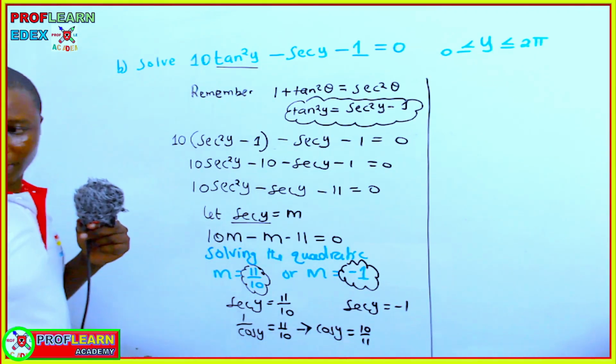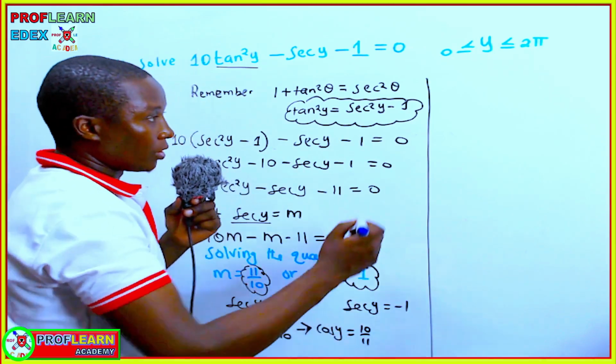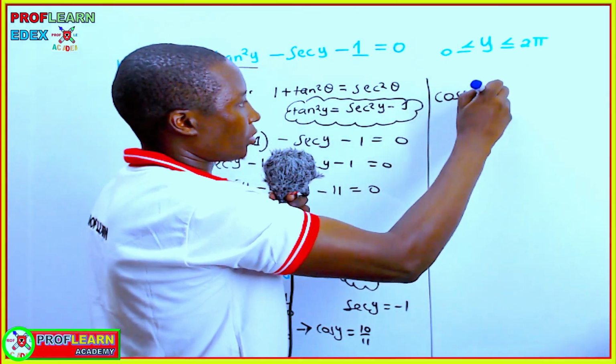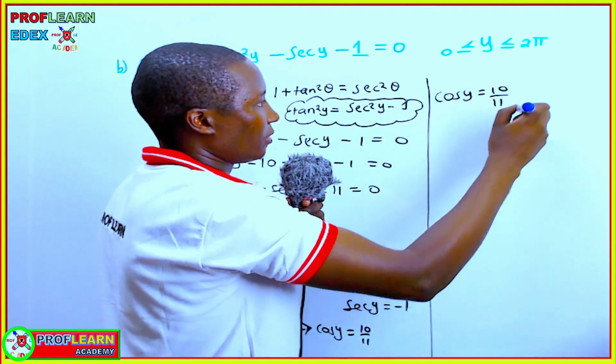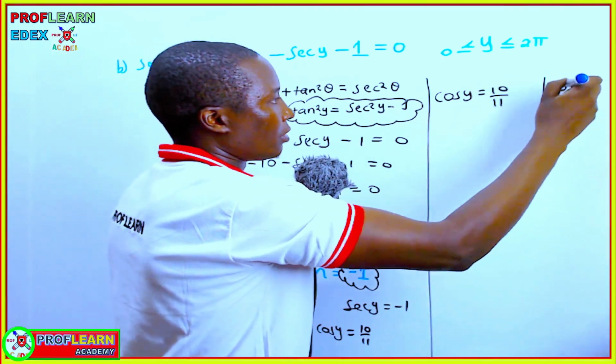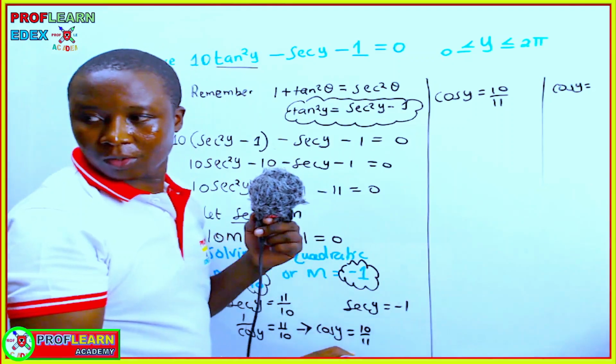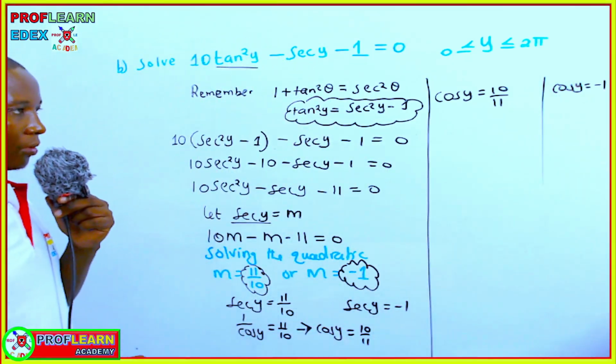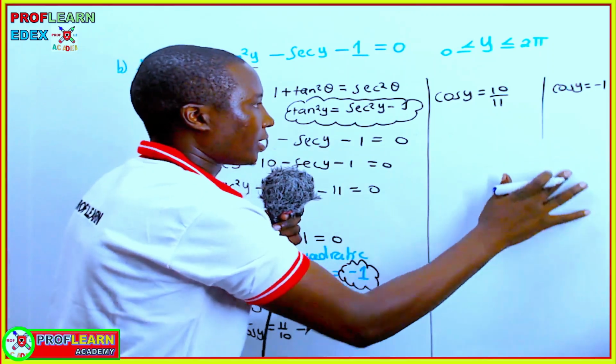And also from this point, let me write cos y equals 10 over 11, and the other one, cos y is going to be equal to -1.